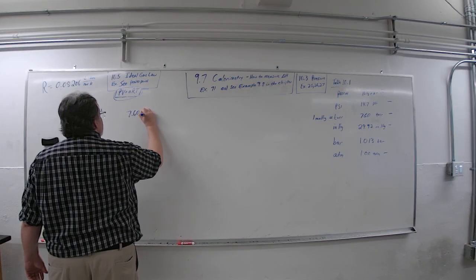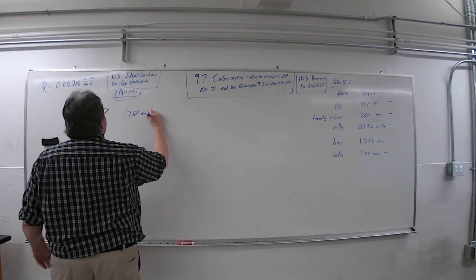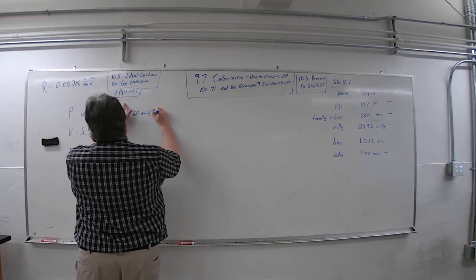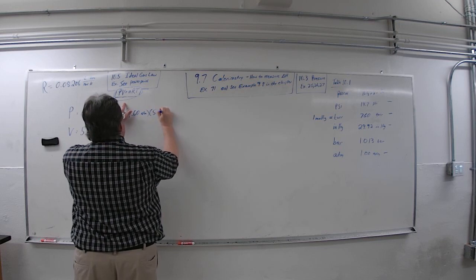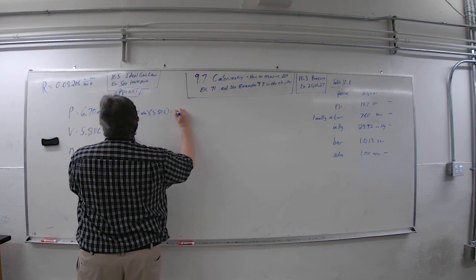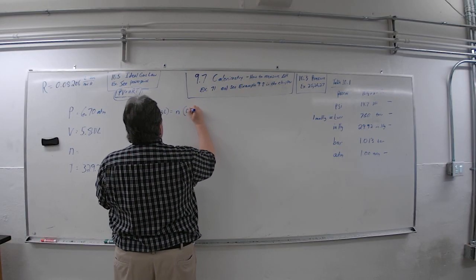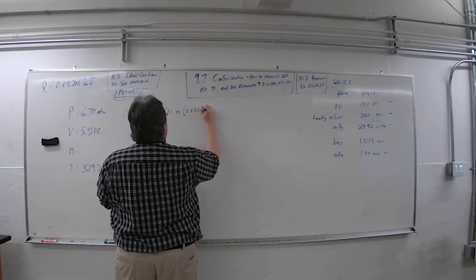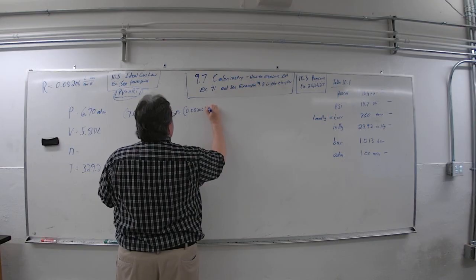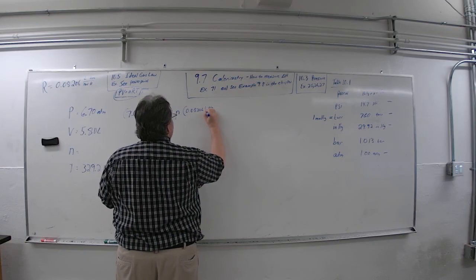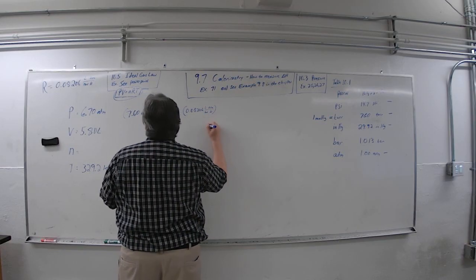7.60 atmospheres. Pressure times volume, which is 5.80 liters, equals n. R is 0.08206 liter atmosphere per mole Kelvin.